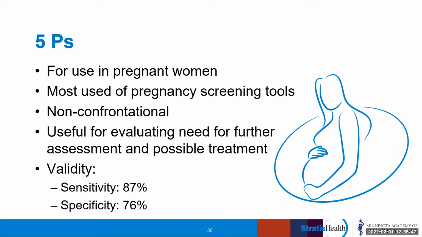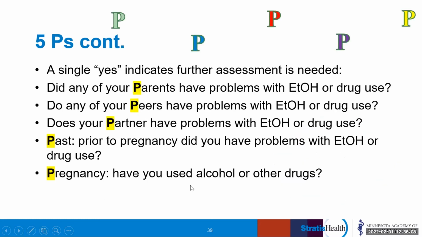It is the one that has pretty decent validity, still not as great as some of the others, but it's the one that's most commonly used this day and age, although there are a lot of other tools. But this is directed to just pregnancy. It's non-confrontational, and any single yes to any of these would warrant further discussion.